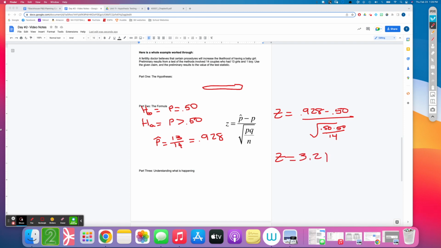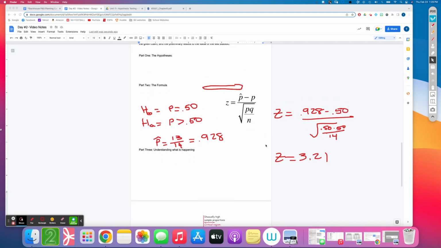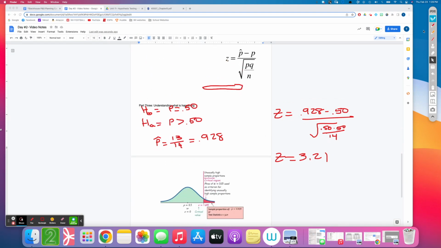Now, if we look at this picture, it's about understanding what's happening. In this curve, Z is 0, and we have a scale of -1, -2, -3 to +1, +2, +3, and so on. Anything within 2 would be, quote unquote, usual.